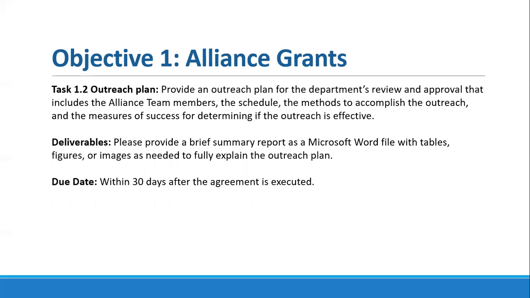And I'll note that this is not something that needs to be developed as part of your application package. All of these things would be for the funded projects to provide once the projects are actually executed and have begun next year.